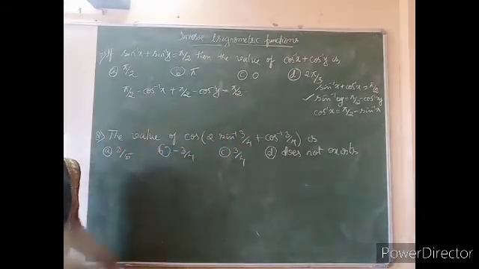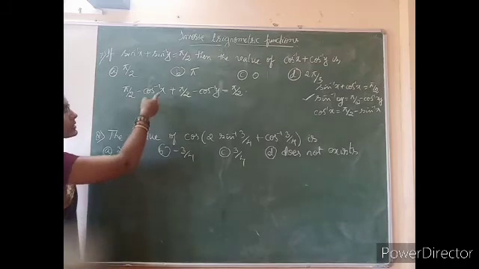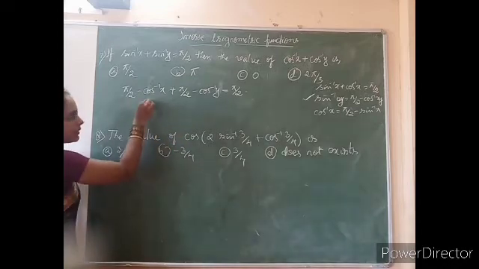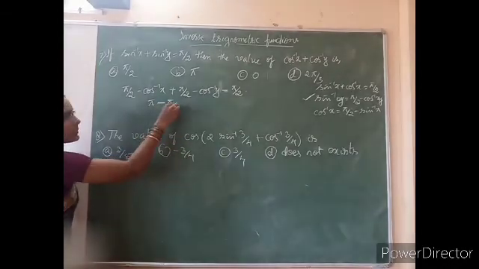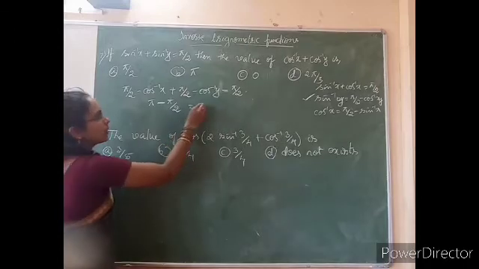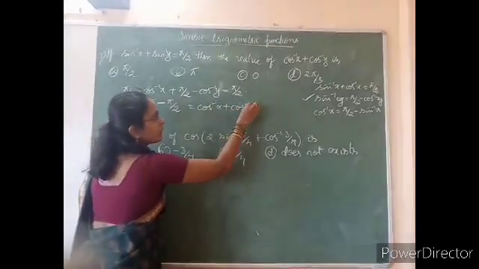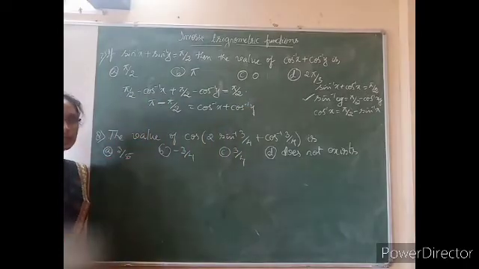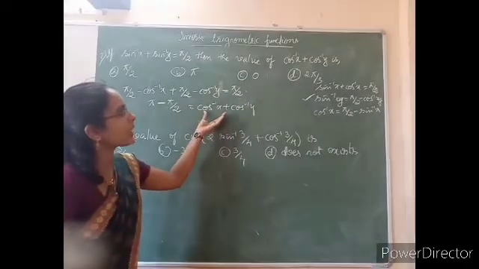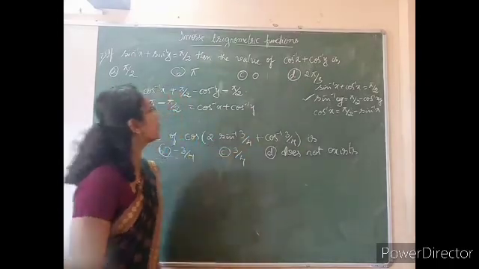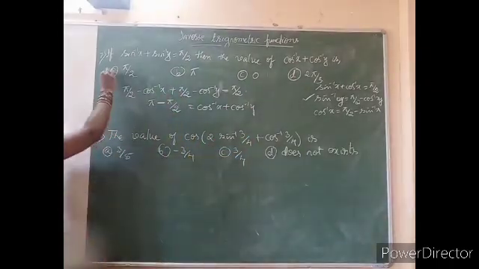So pi by 2 plus pi by 2, pi, so pi minus cos inverse of x minus cos inverse of y. I'll take all other terms to the other side and pi by 2 to the left hand side. Then this becomes pi minus pi by 2 is equal to cos inverse of x plus cos inverse of y. So pi minus pi by 2 is pi by 2. Therefore the value of the expression cos inverse of x plus cos inverse of y is equal to pi by 2. That is the option A.